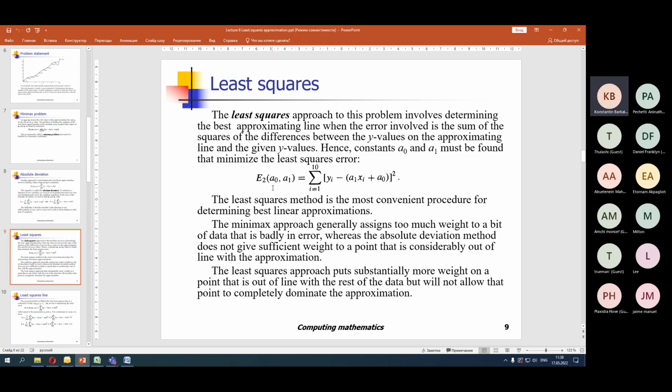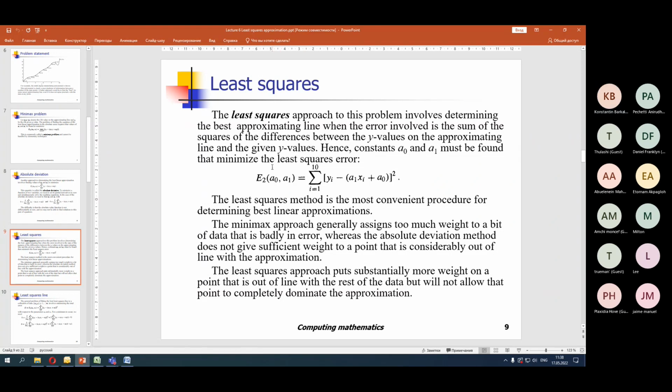The least squares approach puts substantially more weight on a point that is out of line with the rest of the data, but will not allow that point to completely dominate the approximation.